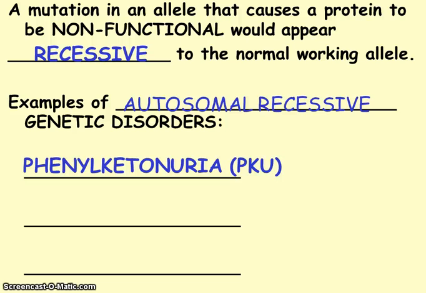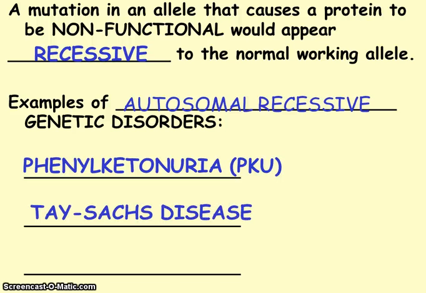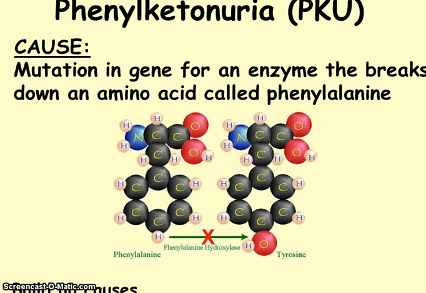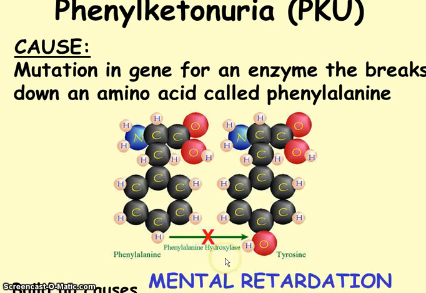These include PKU, Tay-Sachs, and cystic fibrosis. Start with PKU. There's a mutation that breaks down an amino acid called phenylalanine, hence the name. It can't break that down, and so the buildup causes mental retardation.